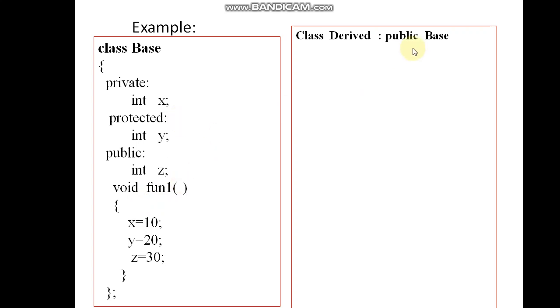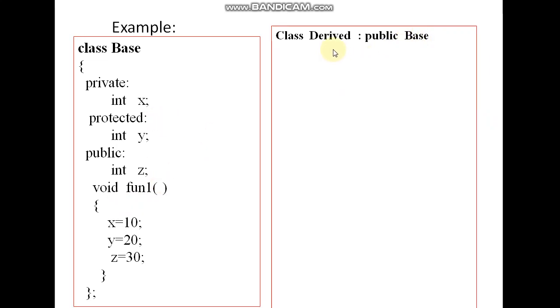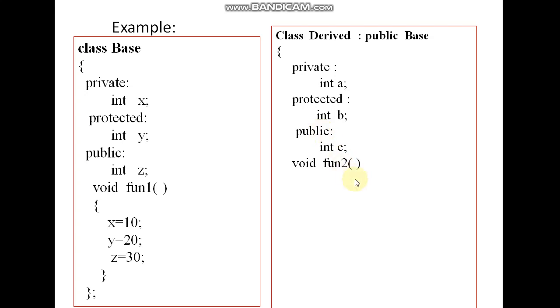Along with these inherited members, the derived class can have its own members. a is a private member, b is a protected member, c is a public member. function2 is a public member function.